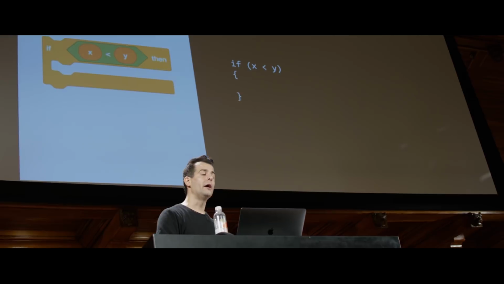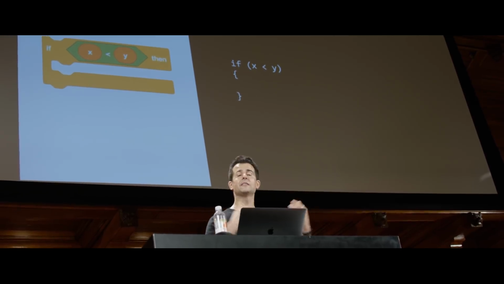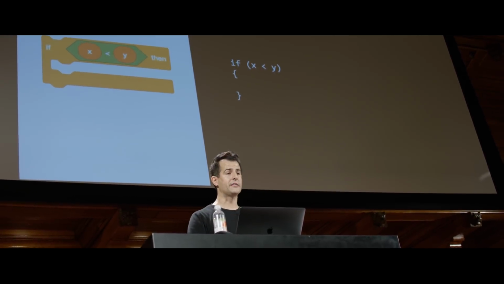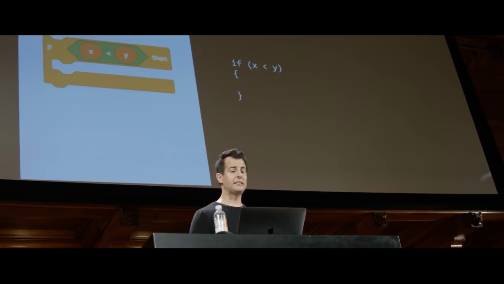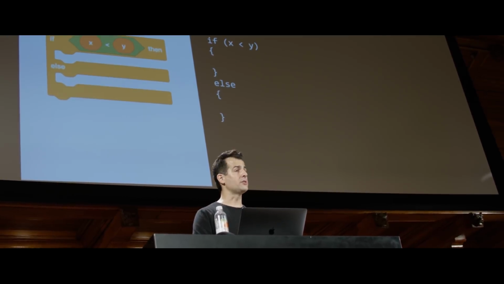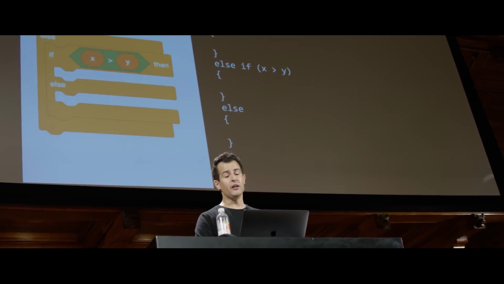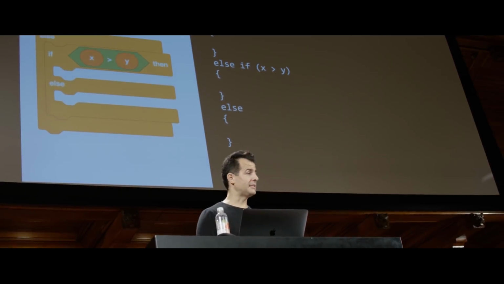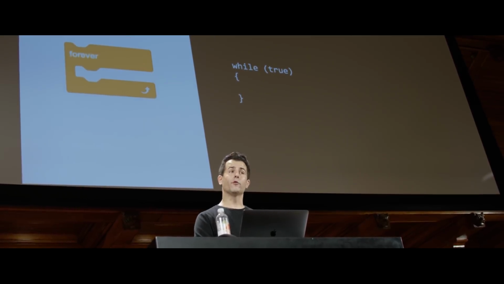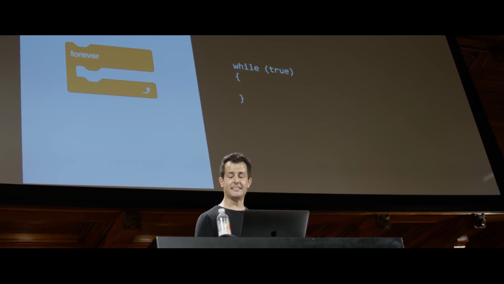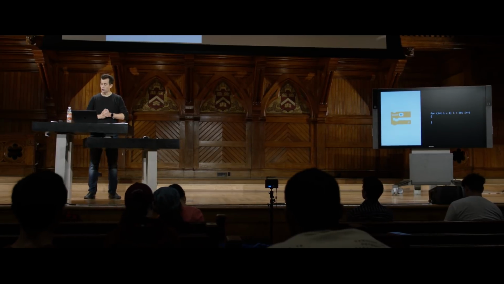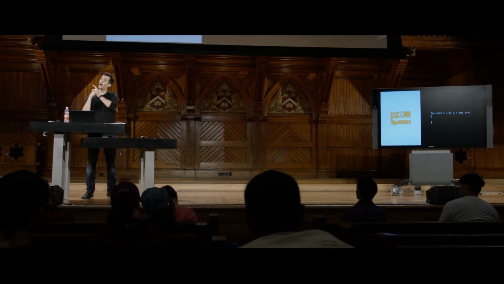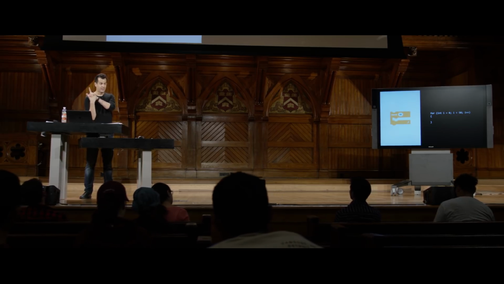Suppose you had an if condition like this. If x is less than y, in C we would write it like this at right. JavaScript, syntax is the same. If you had an if else, syntax is the same. If you want a forever loop, syntax is the same, while true. If you want a for loop, syntax is almost the same.